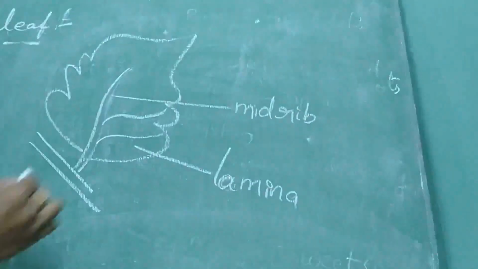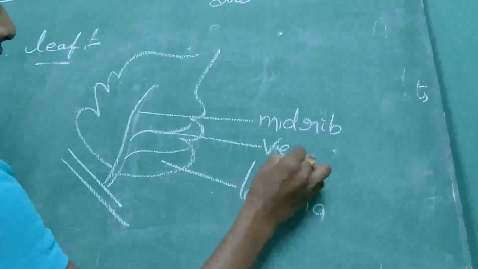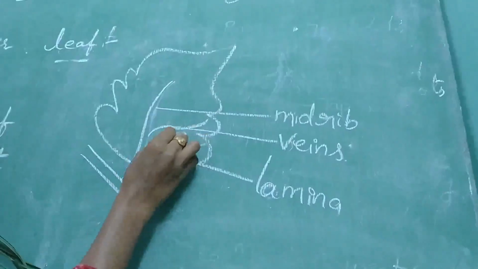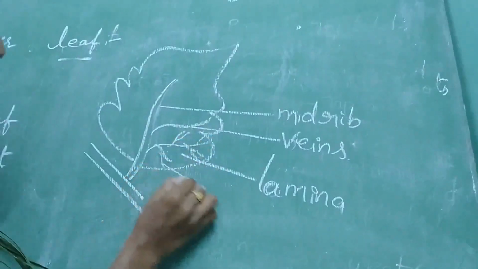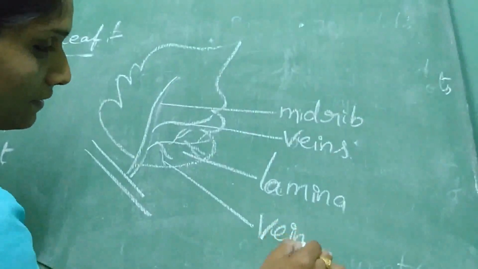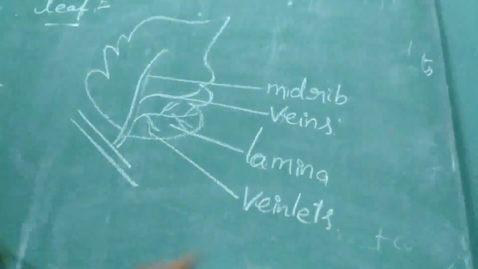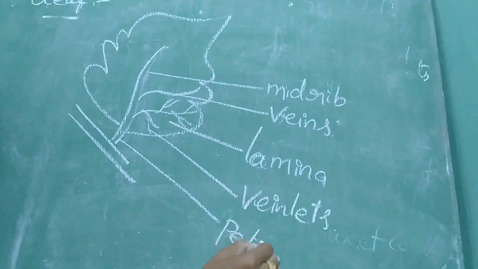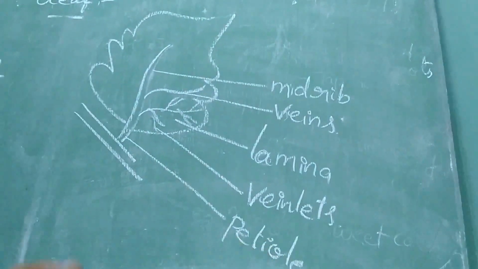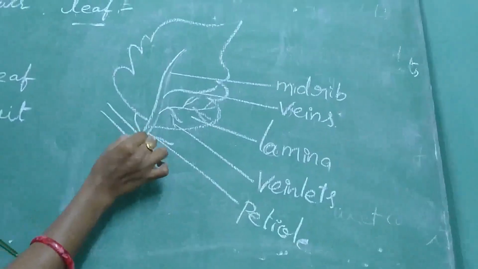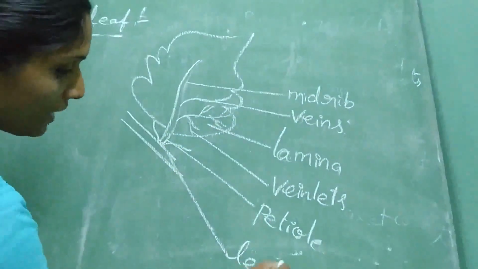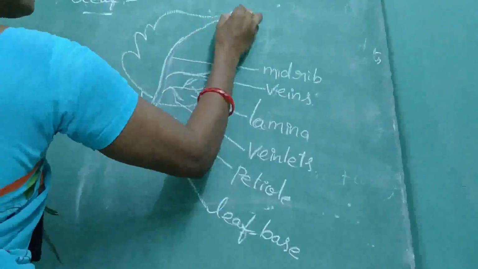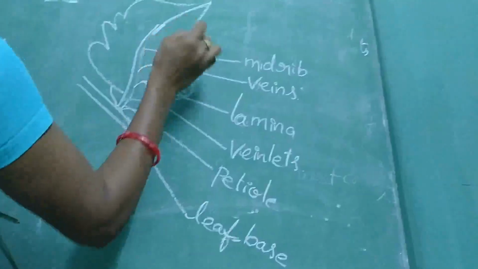The third main part is veins. The fourth main part is veinlets. The fifth main part is petiole, and the sixth main part is leaf base. This is the total leaf.